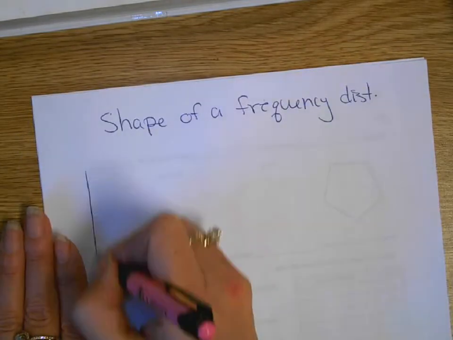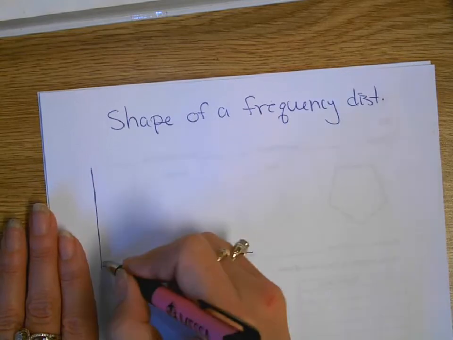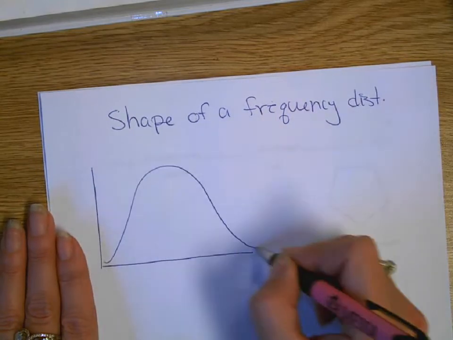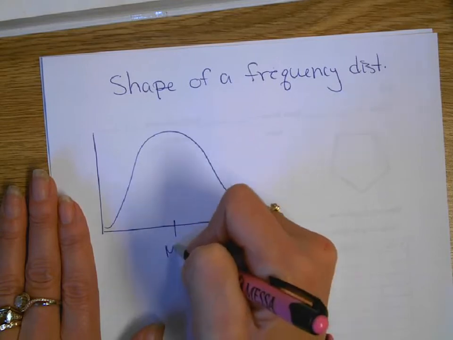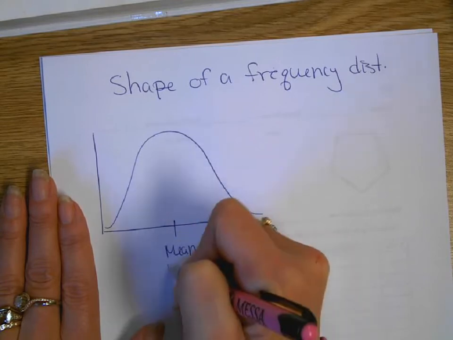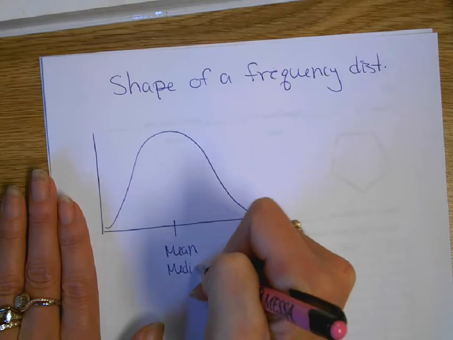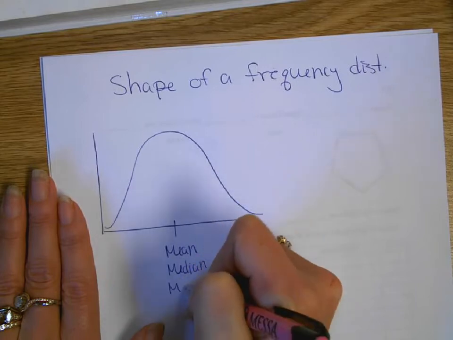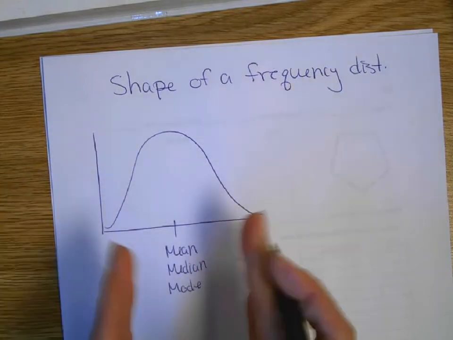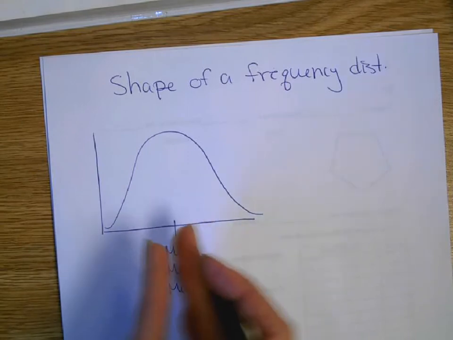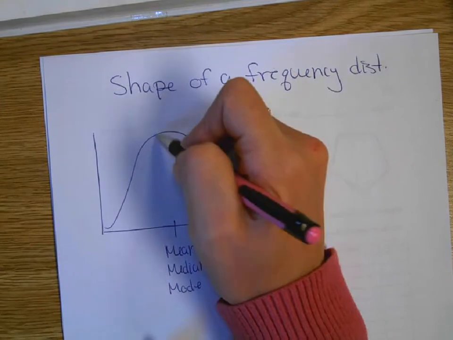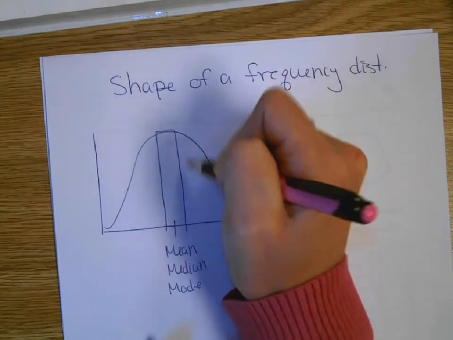Okay. There's 4 shapes. If your mean, median, and mode are all very close together. They don't have to be exactly the same thing, but if they're all really, really close, you will get this shape.